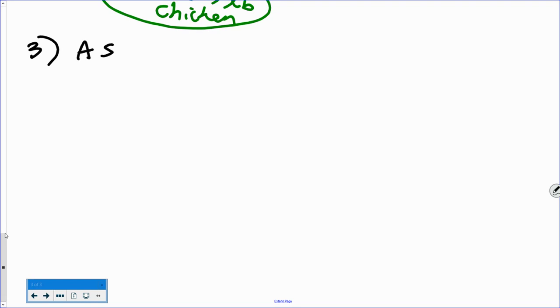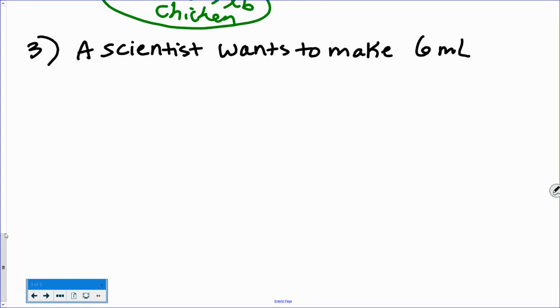So a scientist wants to make 6 milliliters of 30% sulfuric acid solution.